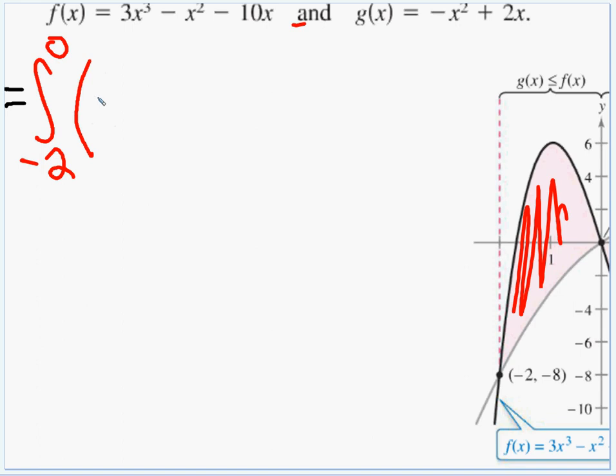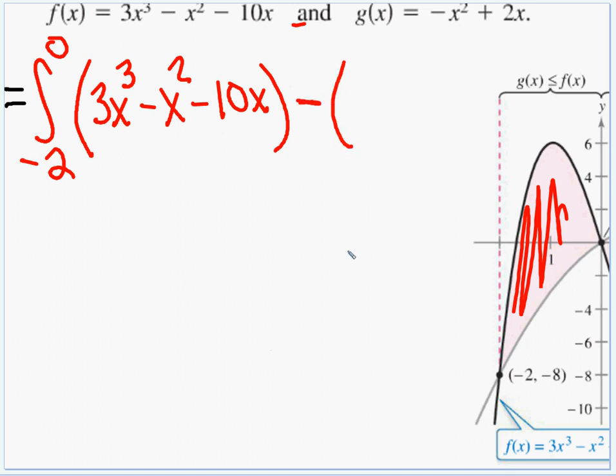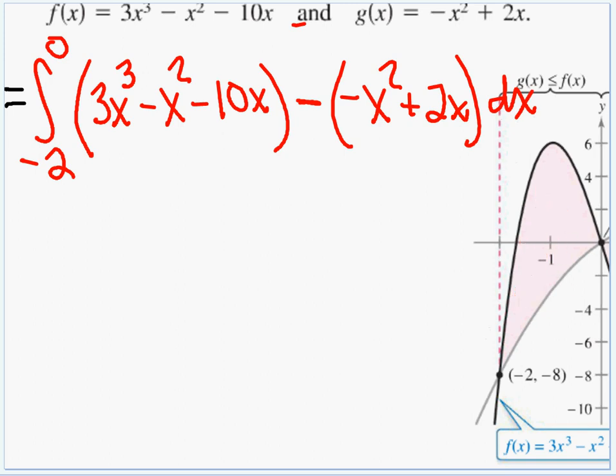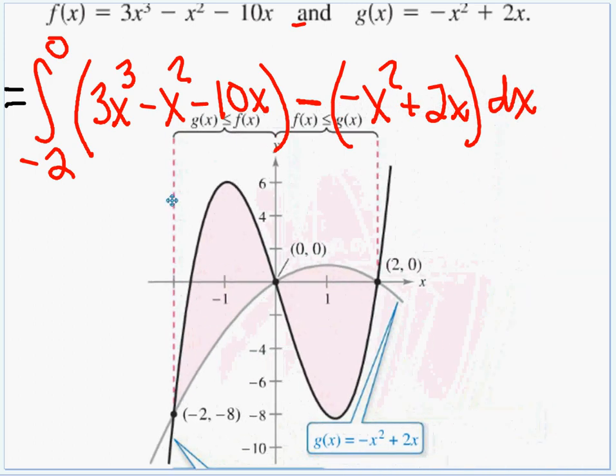The function on top here is the cubic, 3x cubed minus x squared minus 10x. And then we're going to subtract the function on the bottom, that's this one up here, negative x squared plus 2x, and give it a dx. So that red integral represents this first piece of area.